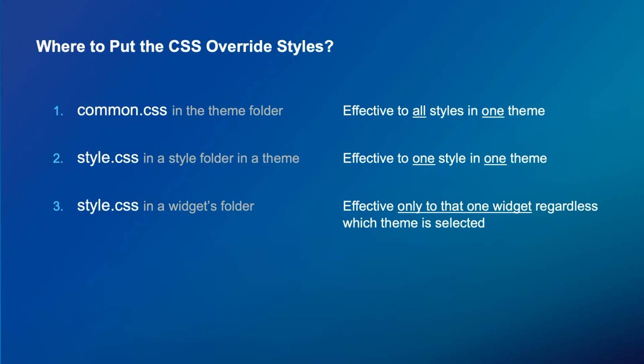The first one is the common.css file. This file is effective across the entire theme, no matter which style is selected. So if you want your change to be applied to the whole theme, or if you have any base styles or reset styles, you can put them in this file.